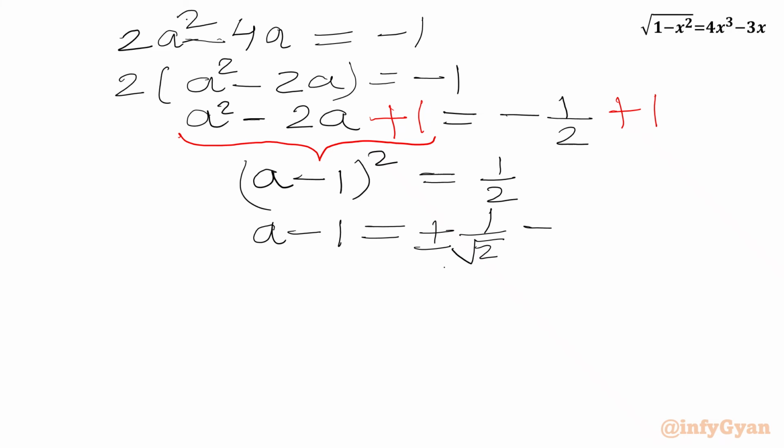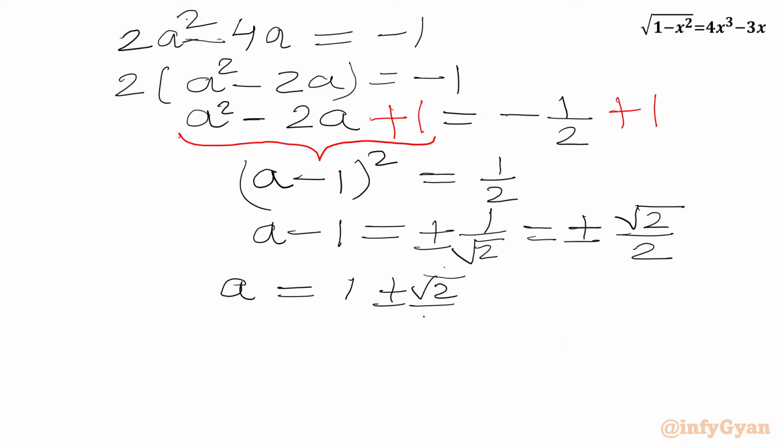Or I can write here plus minus root 2 over 2. Now we will add 1 to both sides. A will be equal to 1 plus minus root 2 over 2. This will be equal to 2 plus minus root 2 over 2.